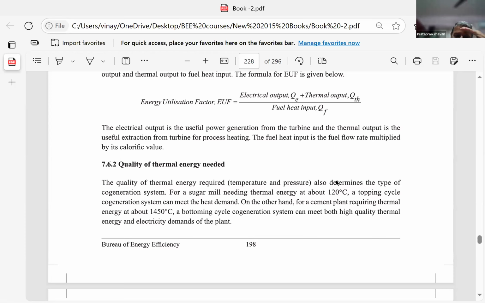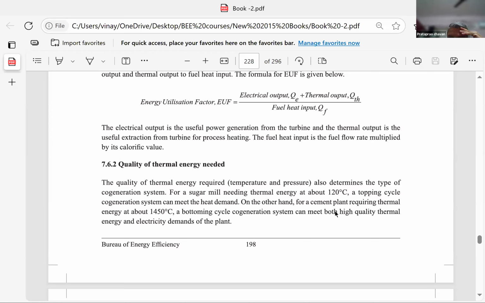So let us discuss what quality of thermal energy you need. Temperature and pressure also determine the type of cogeneration system you want. For a sugar mill needing thermal energy at about 120 degrees centigrade, a topping cycle generation can meet the heat demand.